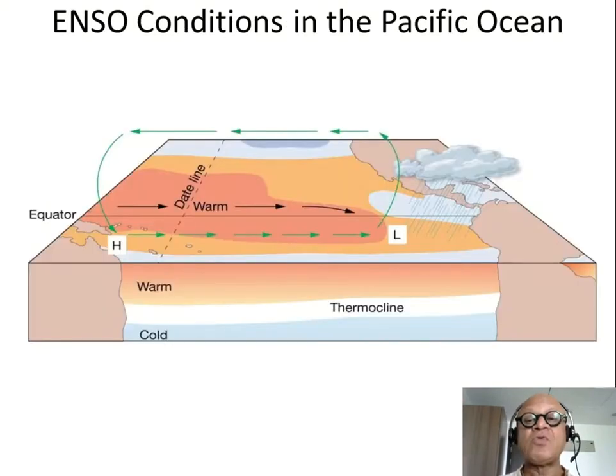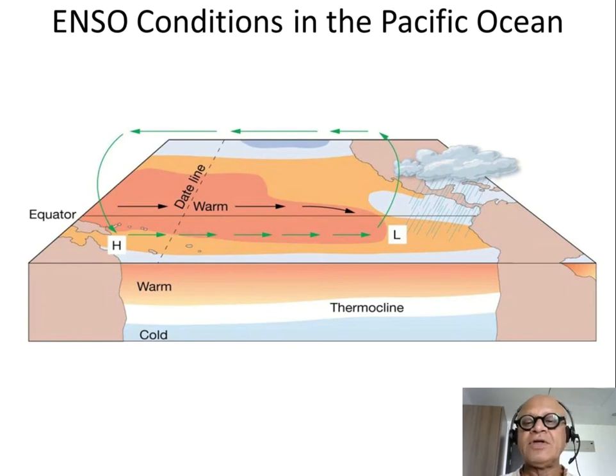Okay, so we will look at the animation of going from normal conditions to El Nino conditions later on, but look at this figure and compare it to the normal conditions we saw before, where the thermocline was shallower in the east, was deeper in the west, and the warm water was pushed up against the western boundary of Australia, Indonesia, and Philippines, and so on, and New Guinea.